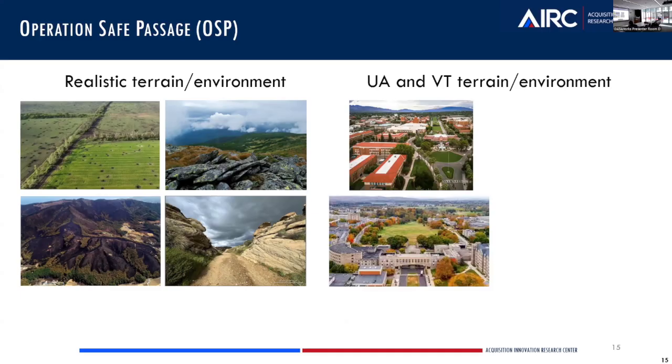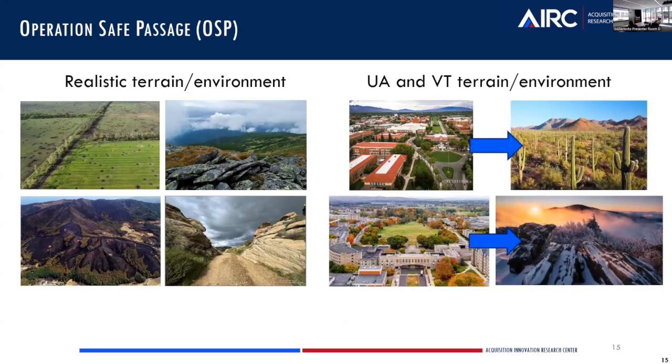In our case, we have the University of Arizona, which is more of a desert climate, and then we have Virginia Tech, in Southwest Virginia. So we're testing these robots within those quasi-extreme environments, and that allows us to get various performance measures across different terrains and environments.